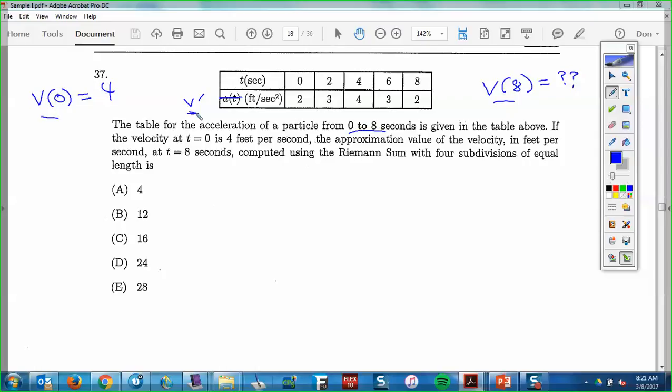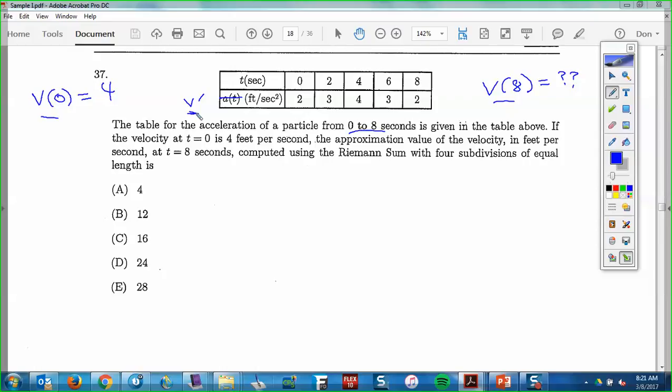And what do we use a Riemann sum for? Find an area, or it's another word for it. Starts with an I. We use a Riemann sum to approximate a what? An integral.